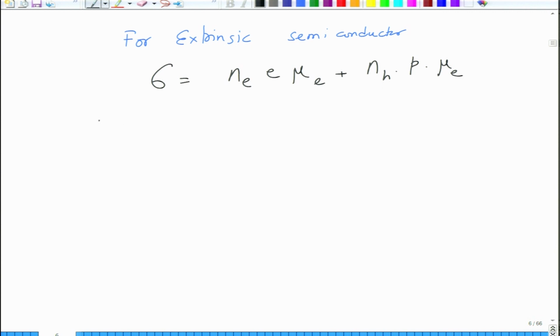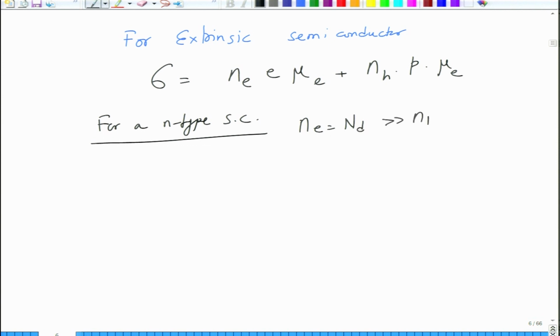Now for an N-type semiconductor, Ne is equal to Nd, which is a lot higher than Nh, and Nh is equal to Ni square divided by Nd.